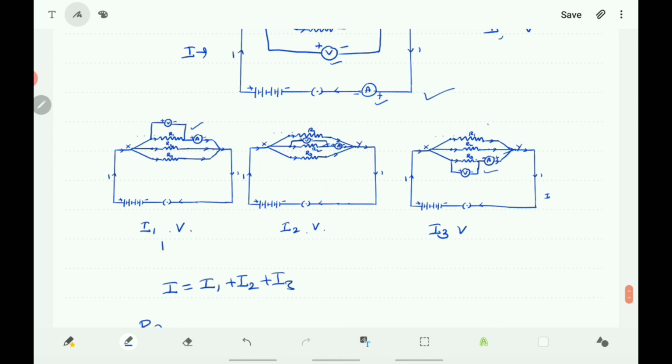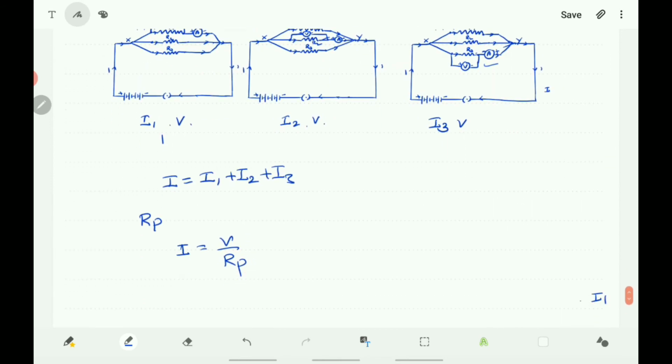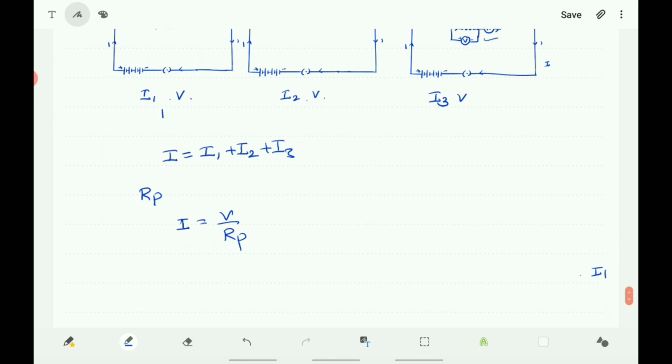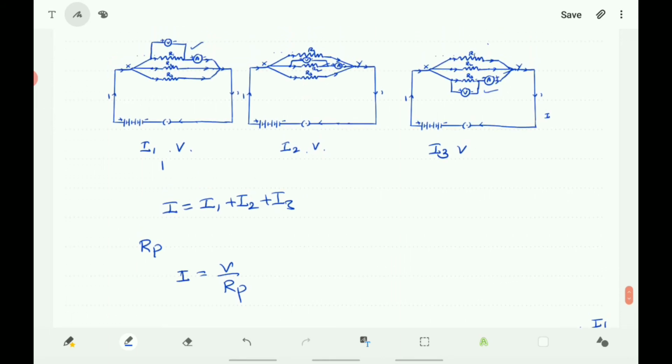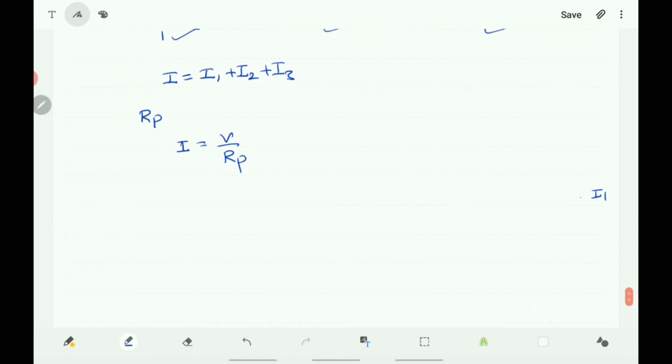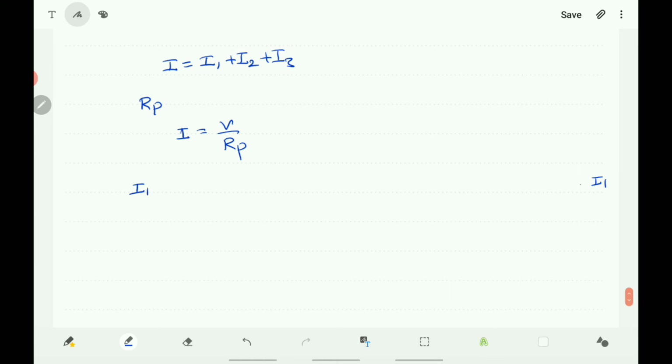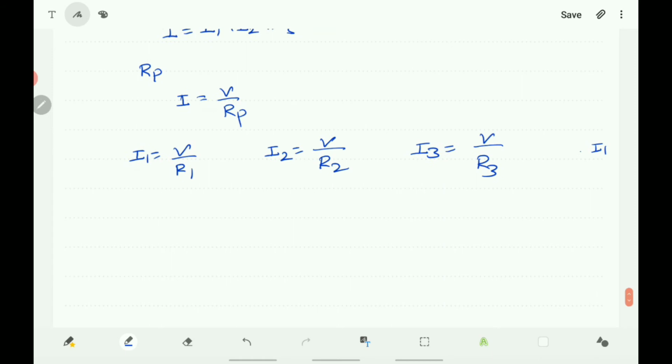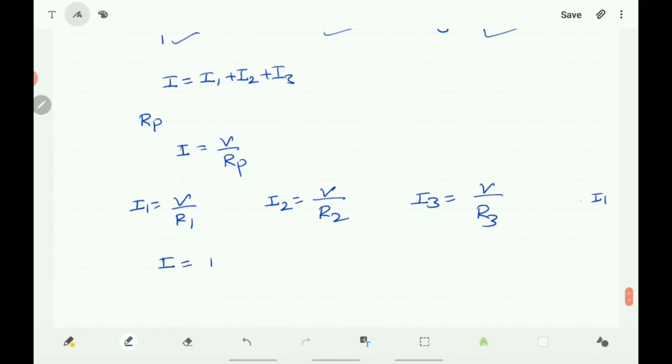By applying Ohm's law to the second, third and fourth cases, you will get I1 equals V by R1, I2 equals V by R2 and I3 equals V by R3. And you know that here I equals I1 plus I2 plus I3.